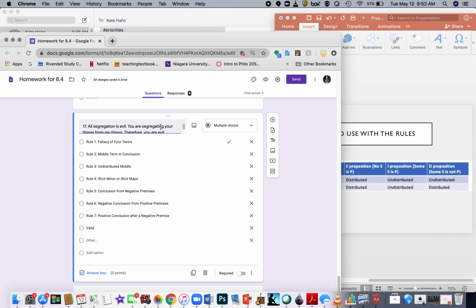Here they're talking about a very benign sense of segregation, which is just separation. You can segregate your clothes. You could have white clothes in one area of your room and black clothes in another, and it's not actually bad. But there is this very bad sense of segregation that they're talking about over here. So there are two senses of segregation, and that actually makes the syllogism have four terms instead of just three.